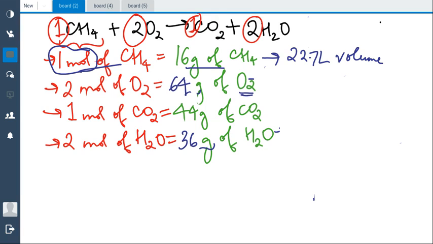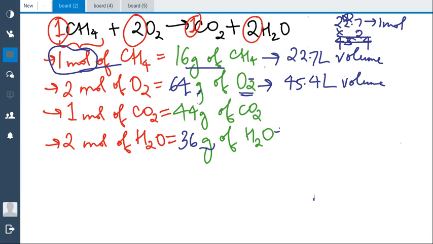Then 2 moles of O2. If 1 mole occupies 22.7, then 2 moles will be equal to, multiply this, what do you get? So it's 45.4. Similarly, here 1 mole will occupy 22.7 liters.